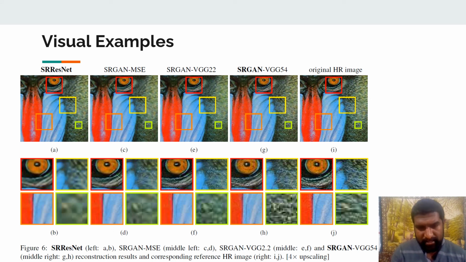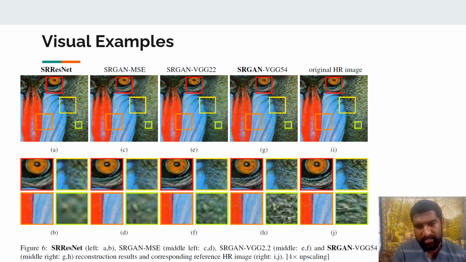As you can see in the third picture, as the VGG number increases, as the number of layers increases, the perceptual quality of the images increases.